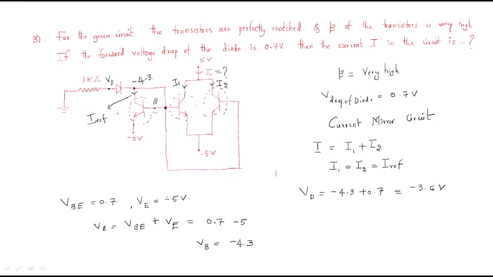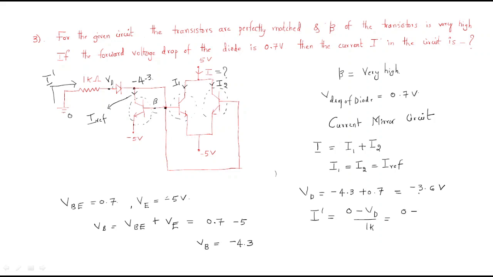Minus 3.6 volts. Assume the current flowing in this branch is I dash, from 0 to this point. We will find the current I dash as ground voltage minus VD, divided by 1K.